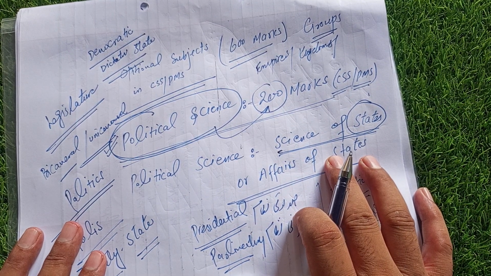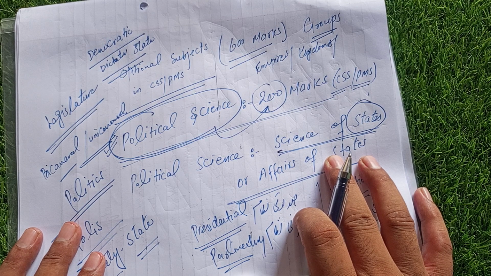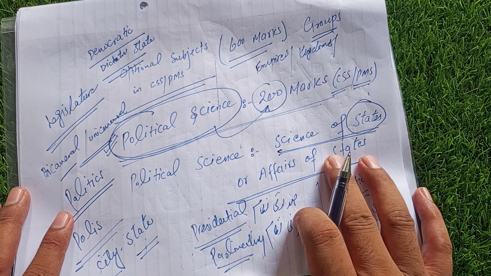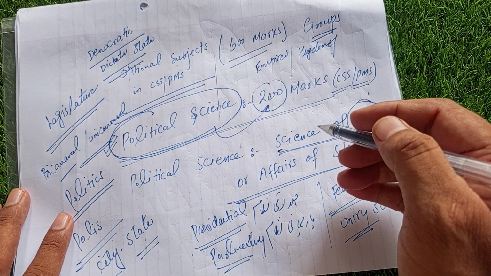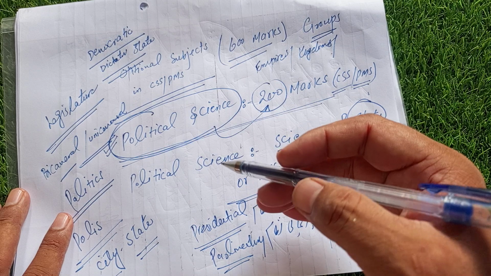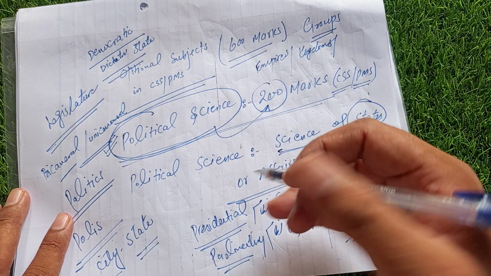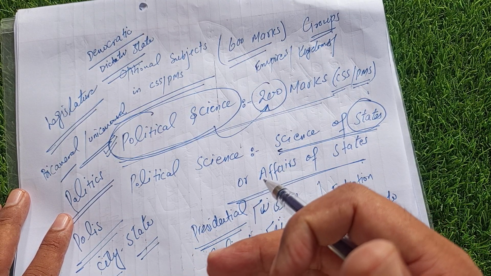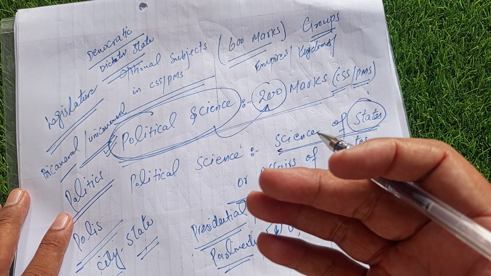The simple thing which I want to say in this video to my aspirants is that political science has much importance in competitive exams as an optional subject. It is normally considered an optional subject, but it gives insight and background knowledge even for some compulsory subjects as well.